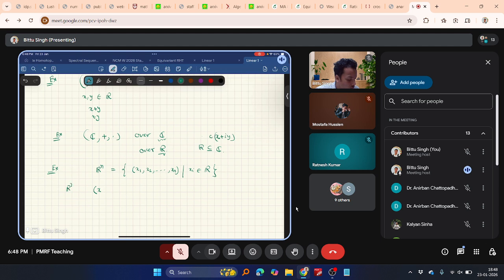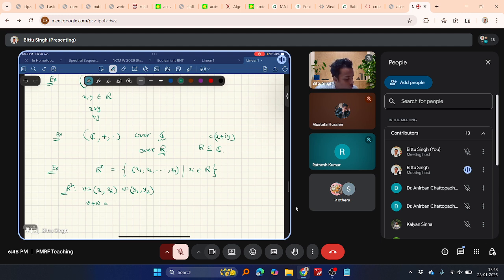So let us consider R2, and we can do the same thing for two elements x1, x2 and y1, y2. We can add those two elements. Suppose v is x1, x2, and another element w is y1, y2. Then v plus w is defined by pointwise addition, coordinate-wise.